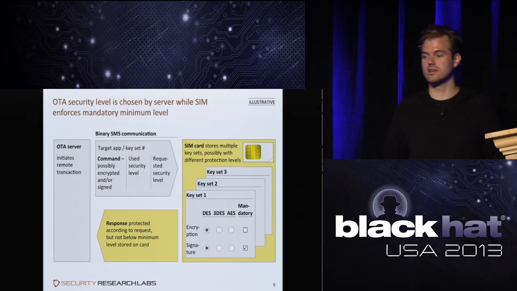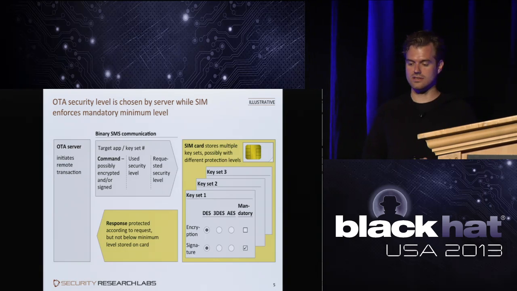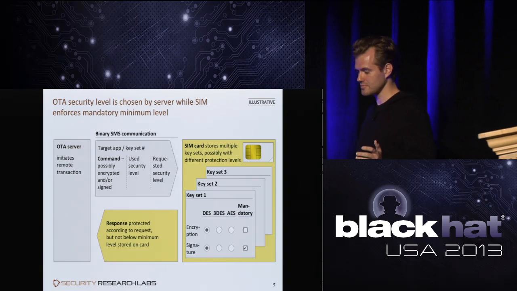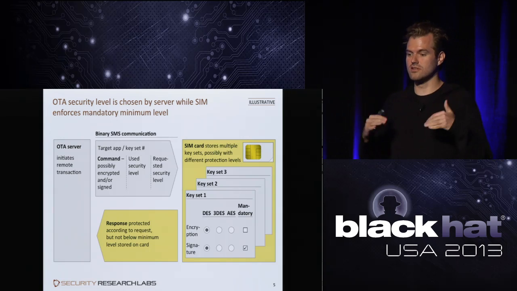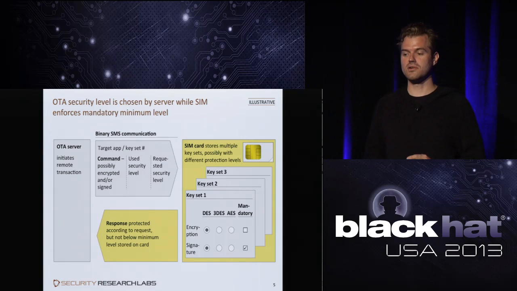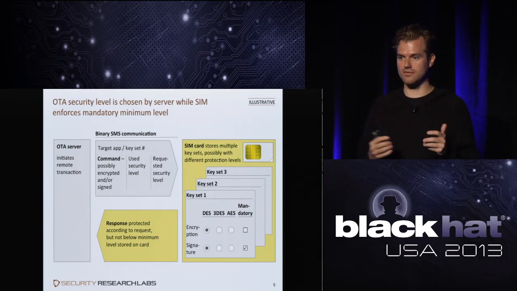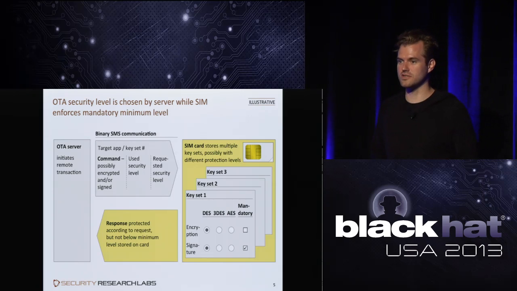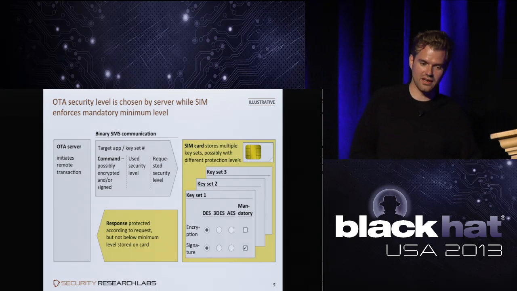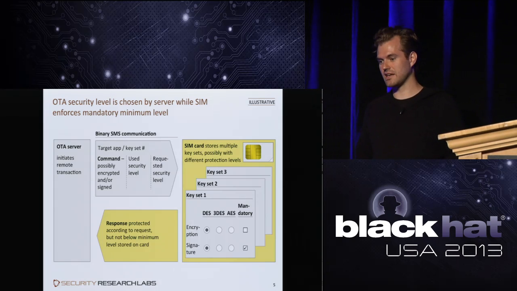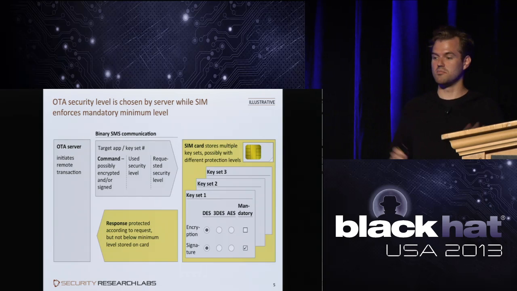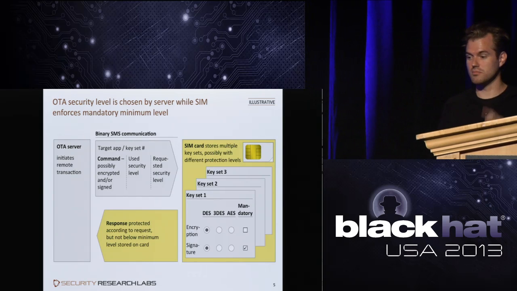And older cards may still carry the Data Encryption Standard. We estimate this, and this is a very conservative estimate, at about half of the world's SIM cards still using at least one key set of the Data Encryption Standard of this 70s era encryption. Right? So multiply that by 7 billion cards in active use, and you see the magnitude of what this problem could be.